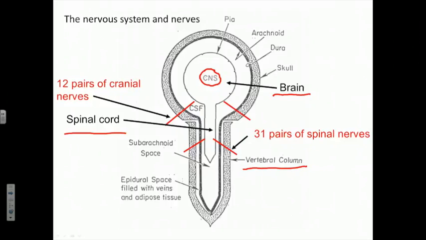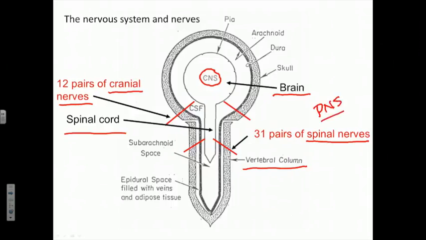Arising from a part of the brain inside the skull and/or arising from the spinal cord are a series of pairs of nerves, either cranial nerves or spinal nerves. And these nerves, since they enter or exit from the brain, form a component of the peripheral nervous system, or the PNS.